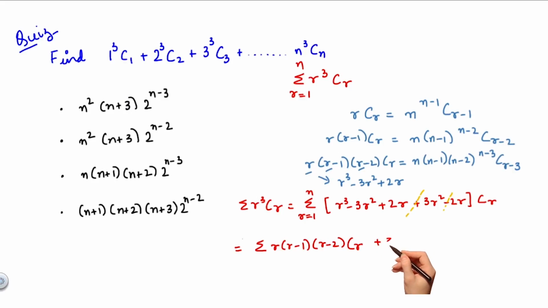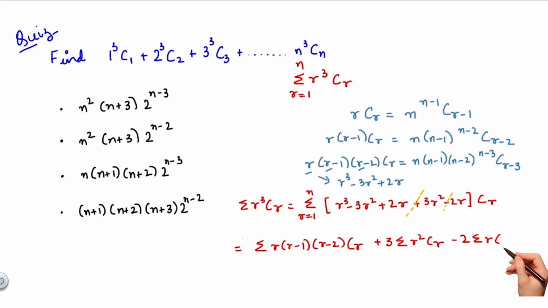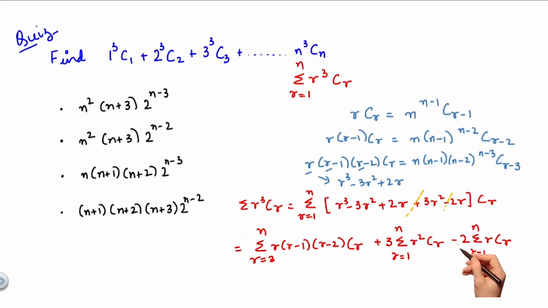My second term becomes plus 3 times summation r square nCr, and the third term becomes minus 2 times summation r nCr. The limits here would be r from 3 to n, as for r equals 1 and r equals 2, this term would be 0. Here I would have r from 1 to n, and again r from 1 to n here.